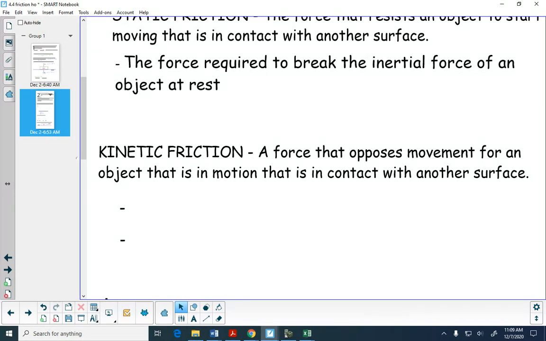So the kinetic friction is what we more deal with. That's everyday life. It's your car tires on the surface of the road. It's your shoes on the surface of the ground.